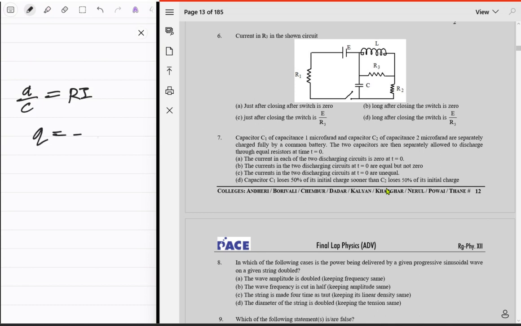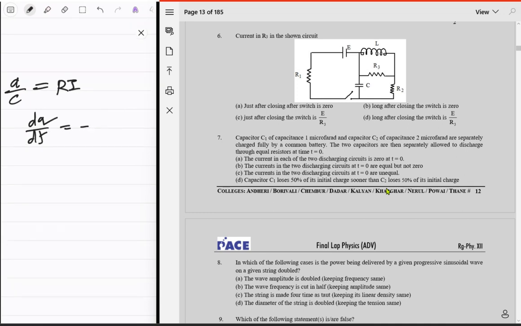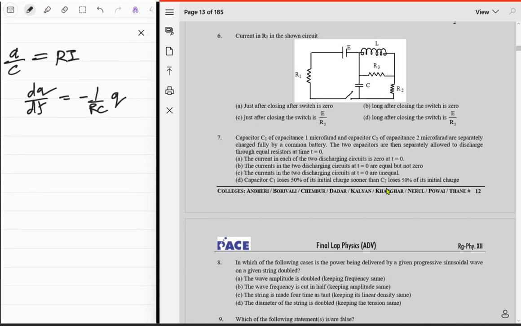So dq upon dt is equal to negative 1 upon RC times Q, right? So it's first order kinetics, which means Q is of this form: Q naught, whatever it is, we don't know, times e power negative T upon RC. So for both of these cases, what about resistance? Equal resistors, cool.